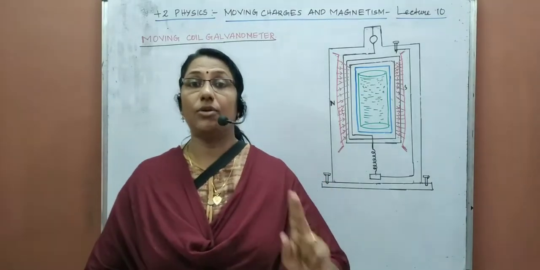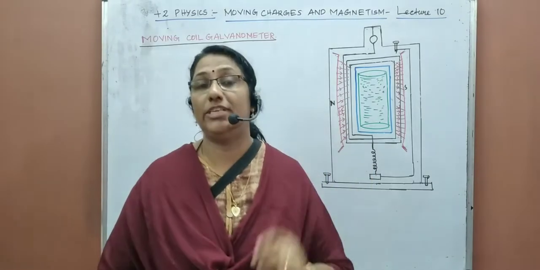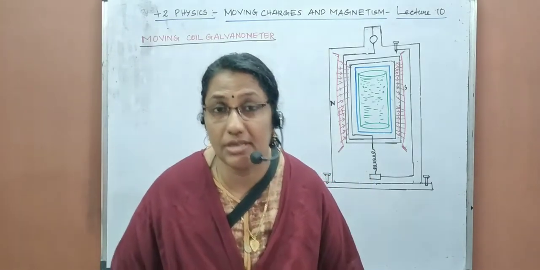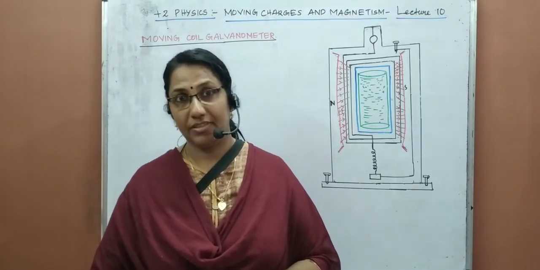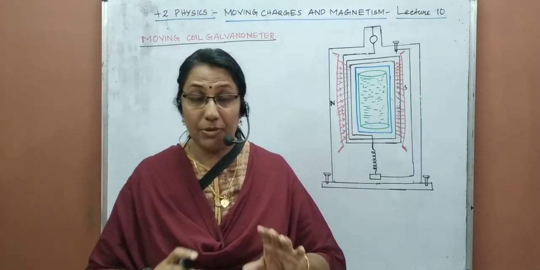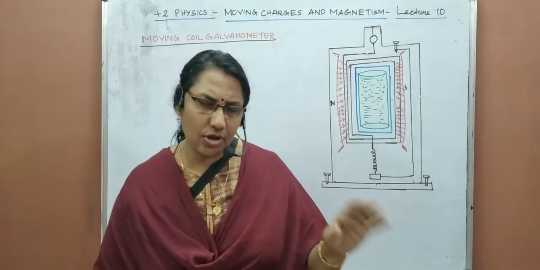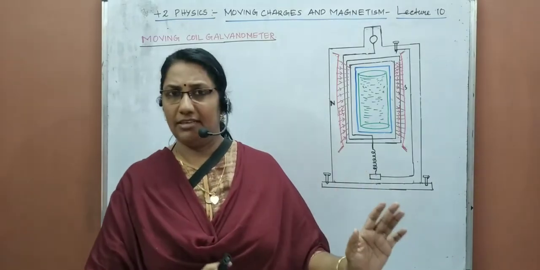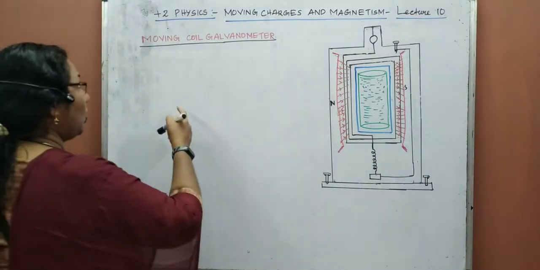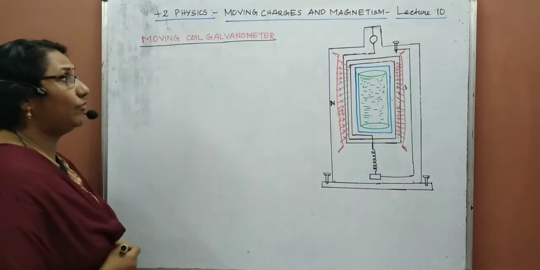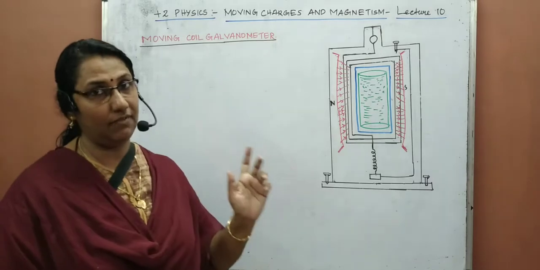And today we are going to the next device, the moving coil galvanometer. This is purely based on the last topic we have studied, torque acting on a current carrying coil. A figure is given, we will discuss that.